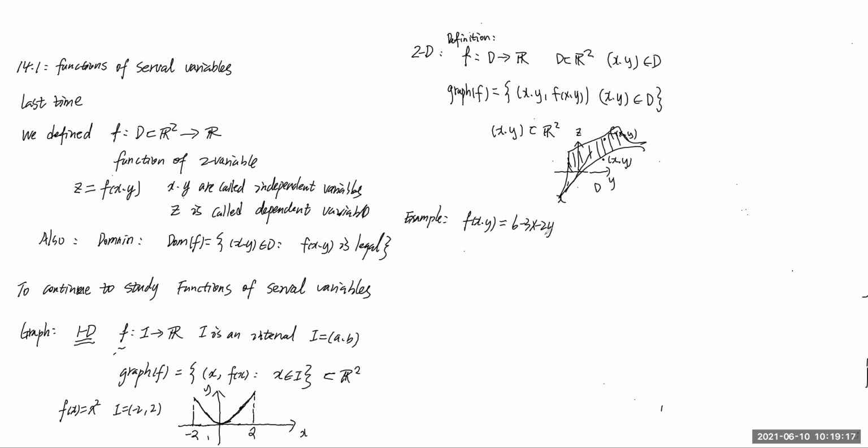Draw the graph. Or sometimes people say, what's a picture of f(x, y)? It means, what's the graph of this function? So how do we draw it? There are many techniques. You can say, why not pick any (x, y), plug in a lot of numbers (x, y), and find all the z.